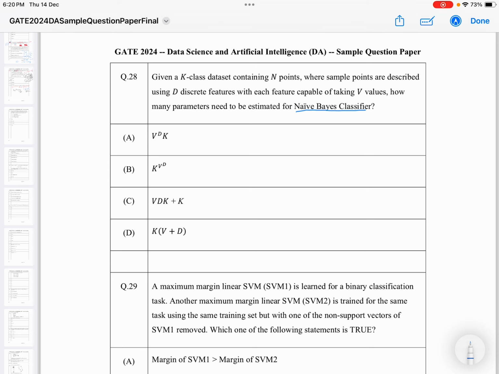Everything is given. We have to find how many parameters need to be estimated for the naive Bayes classifier, right?